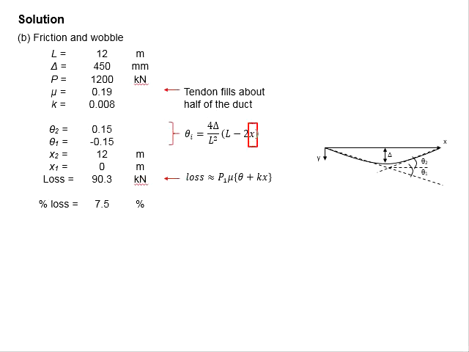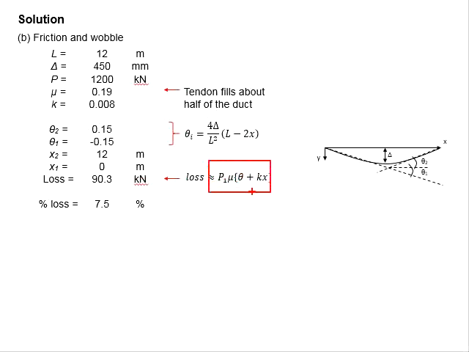And the x here refers to x1 and x2. x1 is considered as 0 and x2 is considered as 12 meters. Then we obtain the gradient here, and the x here refers to x2 minus x1, which is the span of the beam, 12 meters.